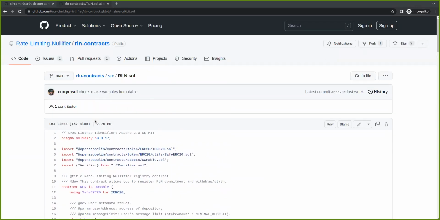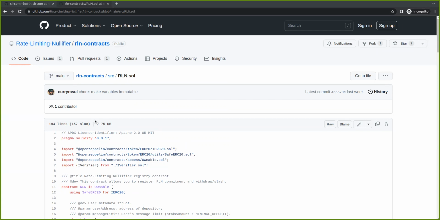So if you want to change the message limit for users, it is an easy thing in general. But doing it on chain is really hard.